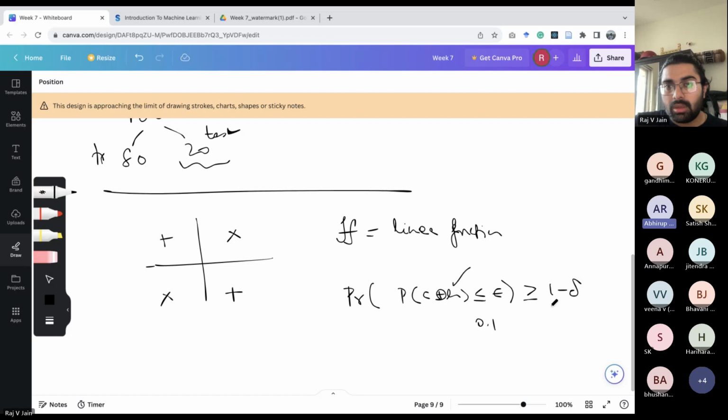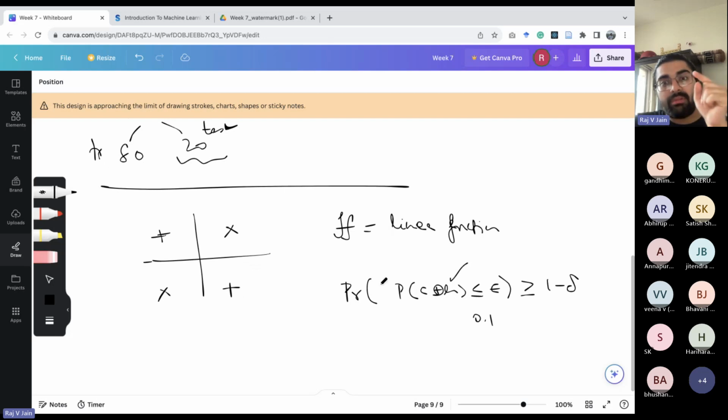Linear is always 0, meaning error will be 1. Right. So the probability that you will find such an h which has 0.1 error only in this capital H is 0. So therefore this capital H may not be a good thing to try.